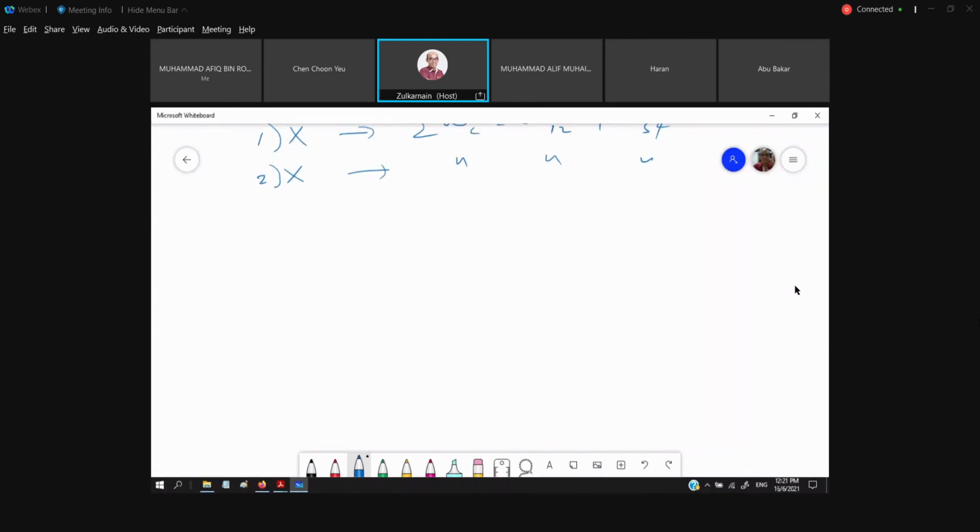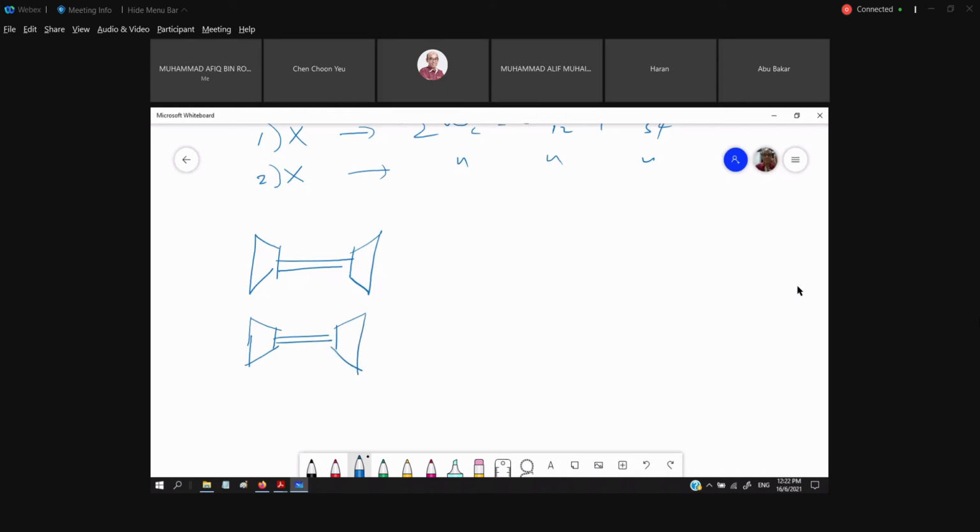What is the different arrangement? Okay, let us see. Maybe we have this two shaft. This is a possibility of the arrangement we could have. And then this is our W net.